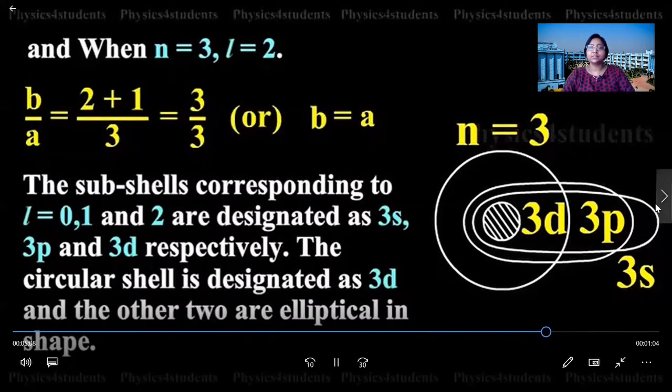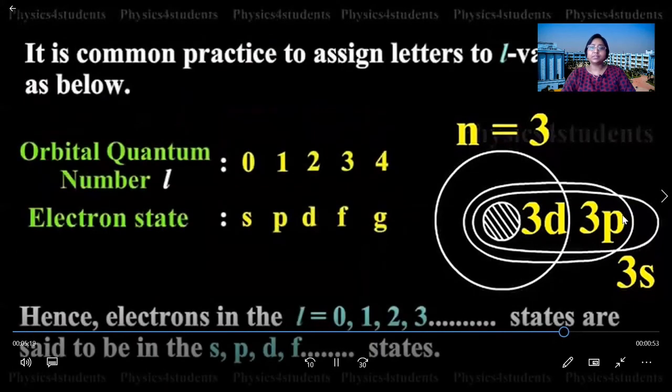So here you can see 3s, 3p and 3d, where one is elliptical in shape and another is circular in shape. It is common practice to assign letters to L values as below.